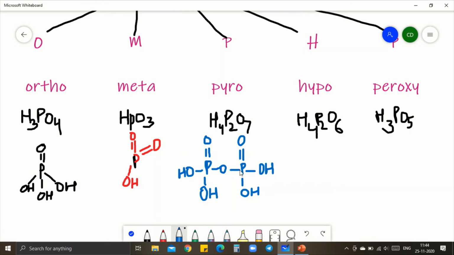It's simple. Coming to hypo, again draw 2 phosphorus atoms with double bond O. There are 4 hydrogens, so place 4 OH groups.